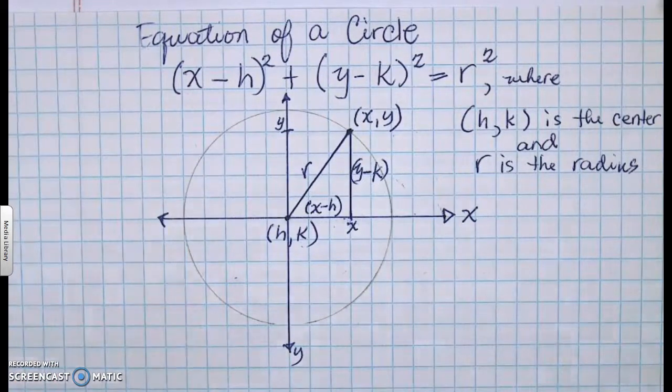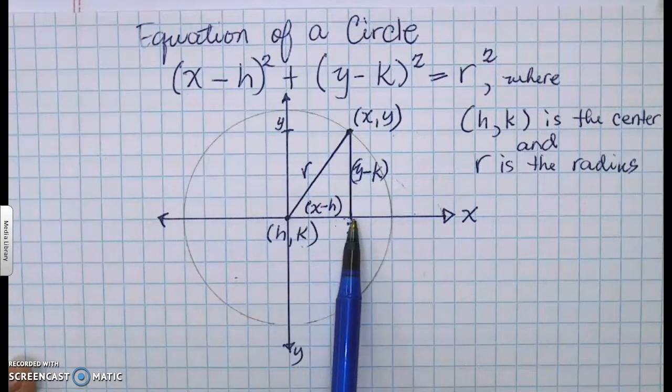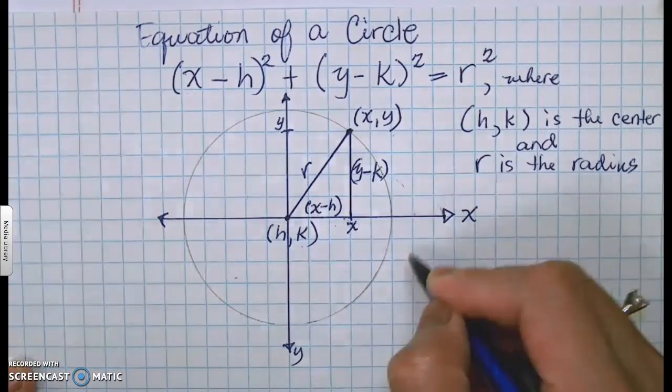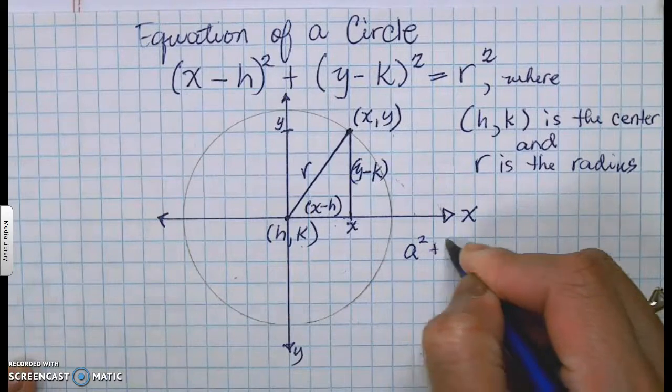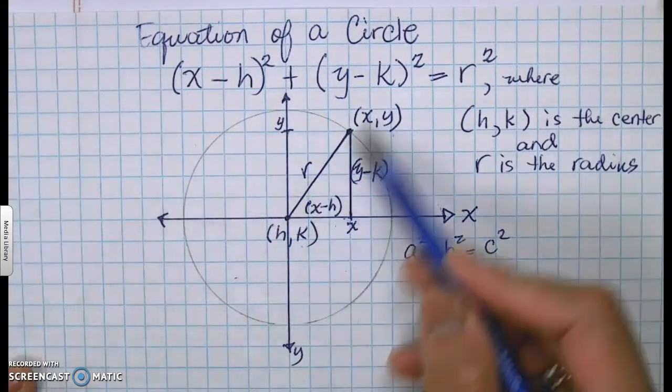So now that we have established that this leg is x minus h, and this leg is y minus k, we're going to apply the Pythagorean theorem, which is a squared plus b squared equals c squared. This time our c is the r.